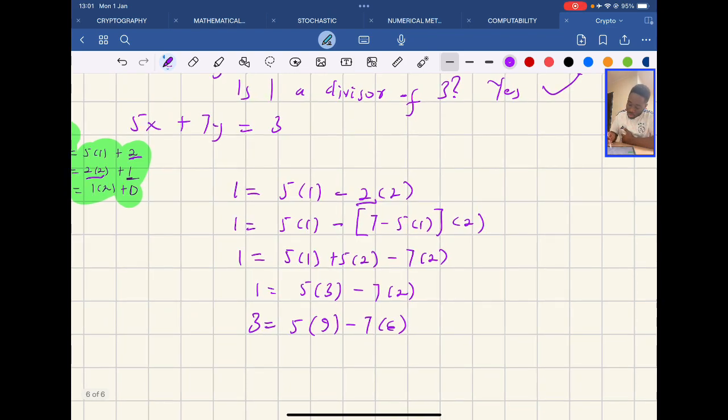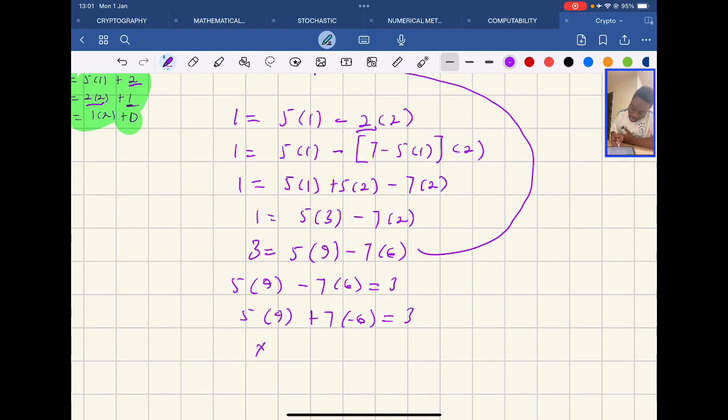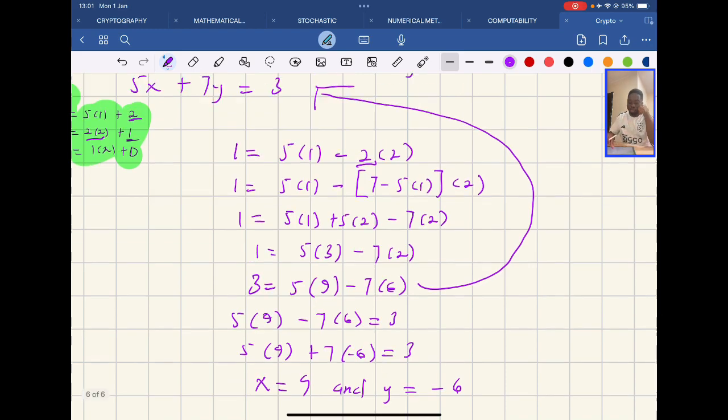So indeed, you can see that there's a similarity between this and this. We can rewrite this to be 5, 9 minus 7, 6 is equal to 3. So 5, 9 plus 7 and minus 6 is equal to 3. So in this case, our x is equal to 9 and our y is equal to minus 6.